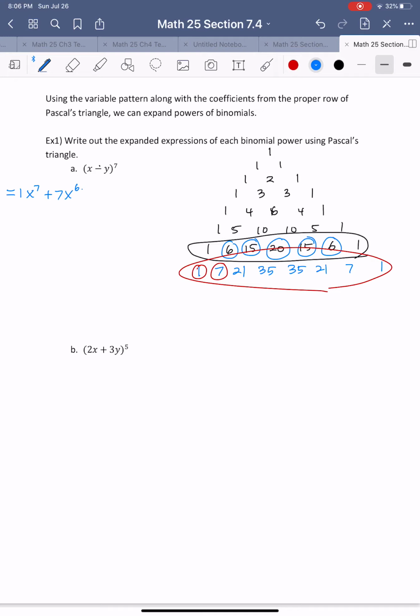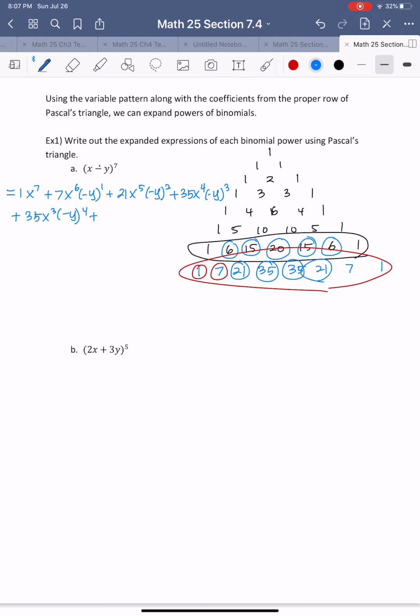X is decreasing, y is increasing. And 21. X is decreasing, y is increasing. 35. X is decreasing, y is increasing. Another 35. X is decreasing, y is increasing.